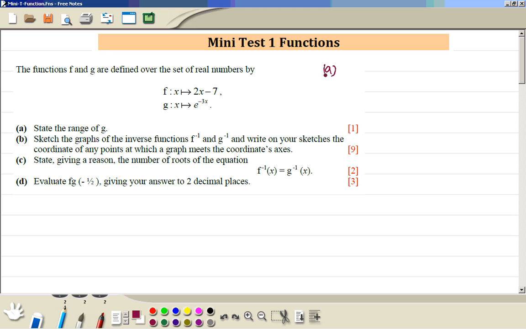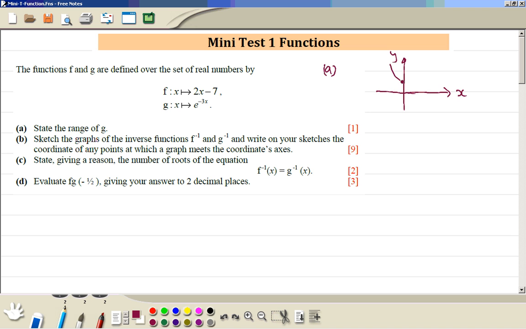Part A, to find the range, we sketch the function first. So here is the x-axis, y-axis. e to the power minus 3x is exponentially coming down.